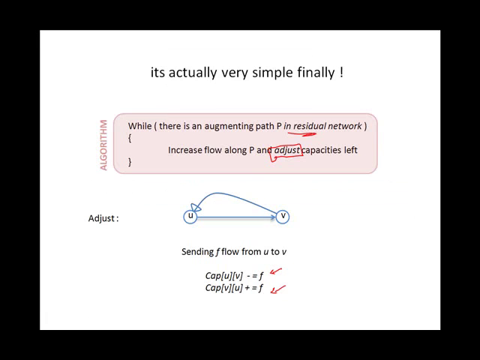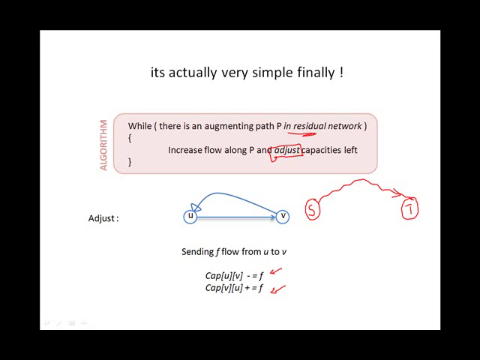All the max flow algorithms follow the same method. All we need to do is find some path from source to sink such that the capacity left is greater than 0. That is nothing but an augmenting path. So find an augmenting path and increase the flow. As long as we can find an augmenting path, keep increasing the flow.